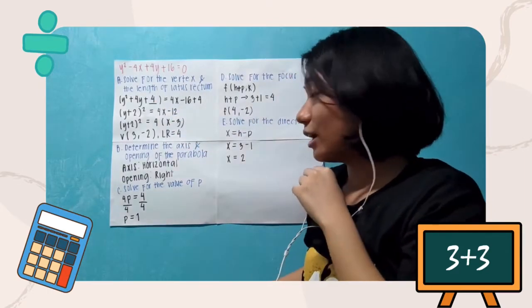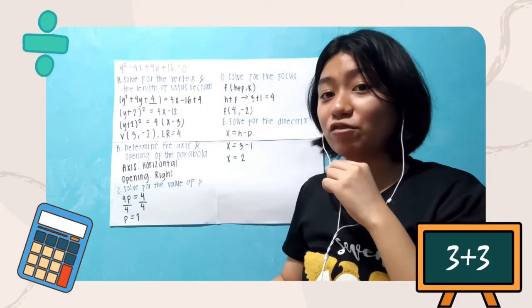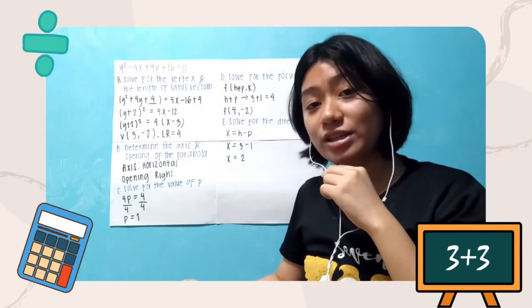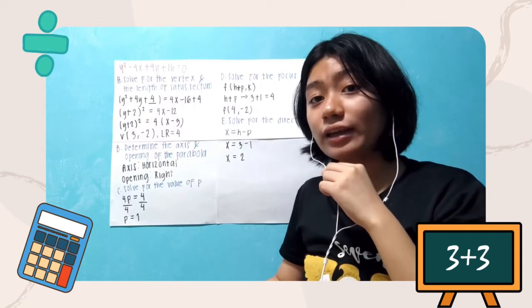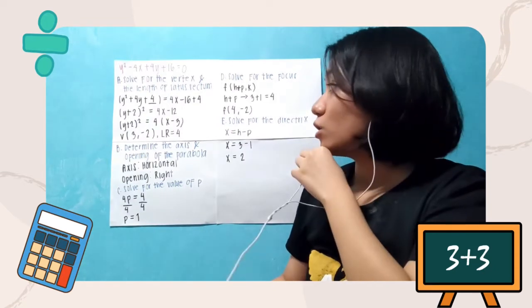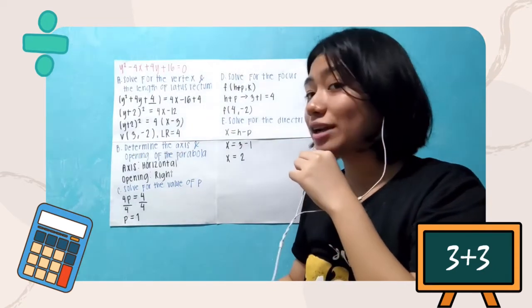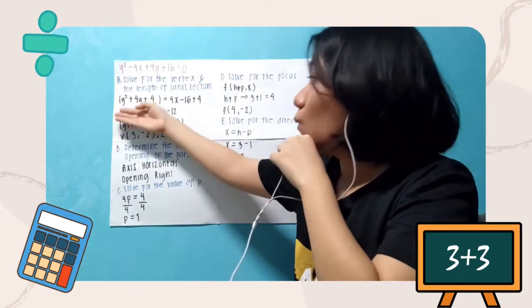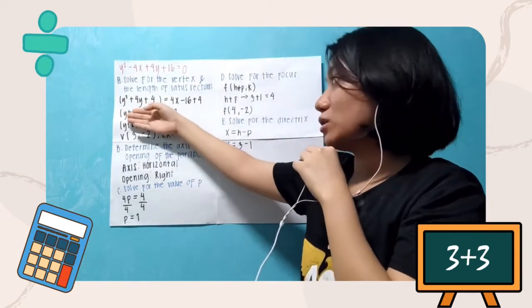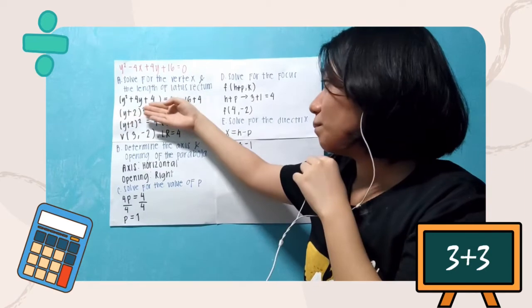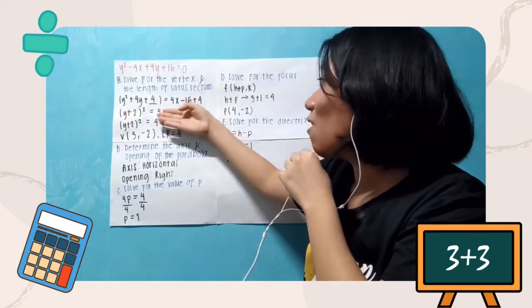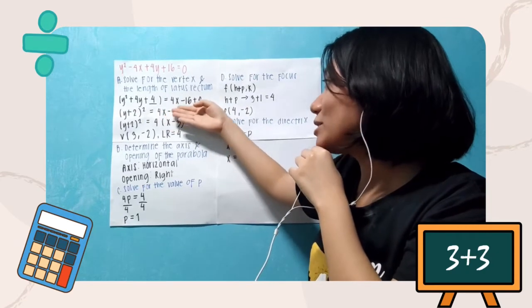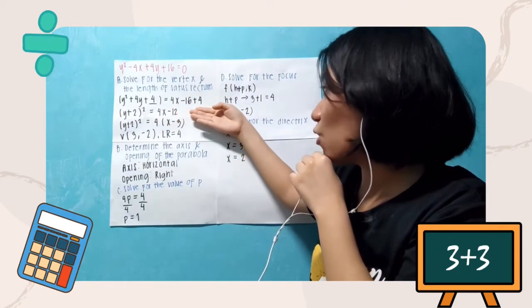After that, just as we added 4 on the left side, we need to add 4 on the right side also. So the equation now will become like this. So y squared plus 4y plus 4 equals 4x minus 16 plus 4.